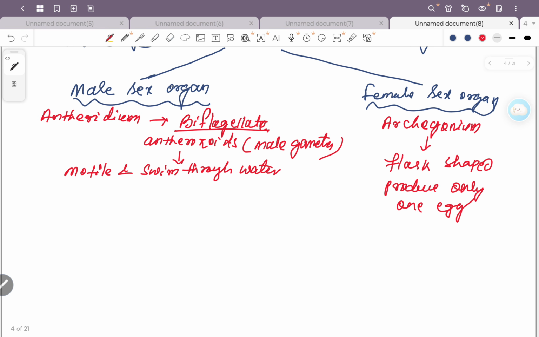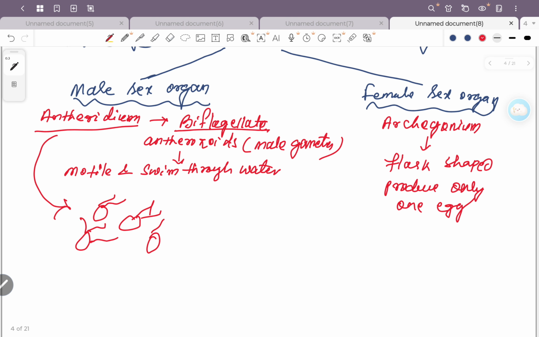Okay, so here the antheridium produces many biflagellated antherozoids. Okay, so these are the antherozoids. But this archegonium, the structure is more or less like this.